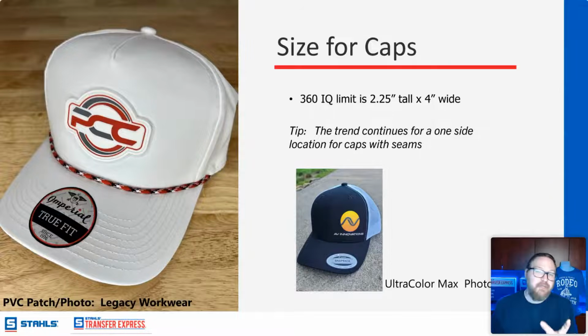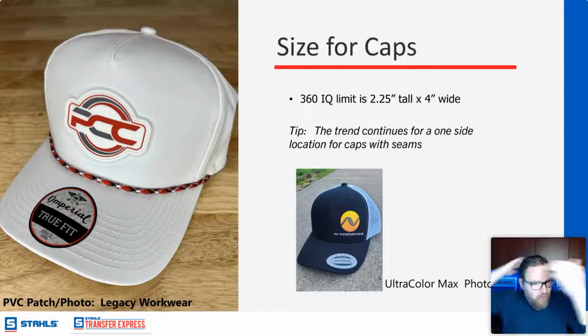Now, as we talk about caps here, one of the big trending placements that we've seen recently is the off-center print, especially when you're looking at these 6-panel caps that have the seam directly down the middle versus that 5-panel that we see on the Imperial right there, or a trucker cap like that. The foam front trucker caps are incredibly popular and have been since I was in high school. I don't want to date myself, so we're not saying any years right now. But you'll see that left chest placement coming, as well as the 360 makes it possible to decorate all around the cap.